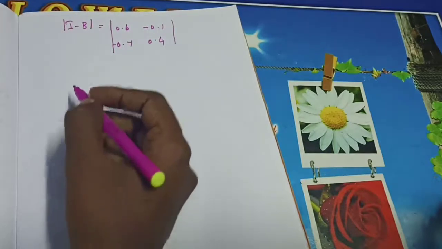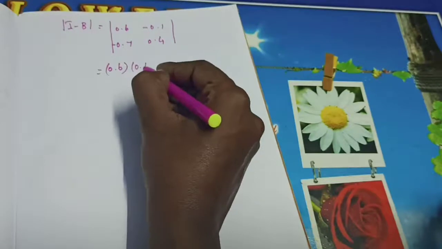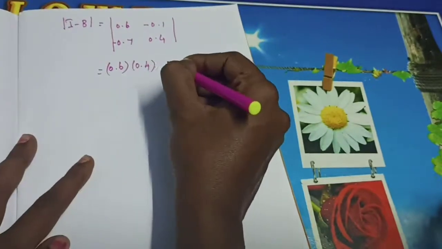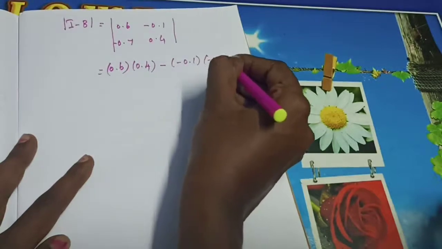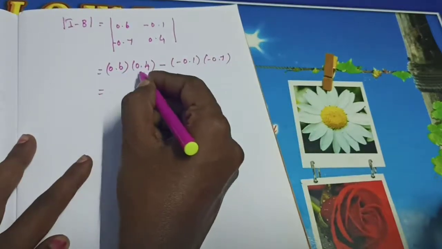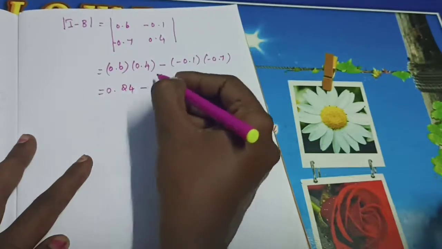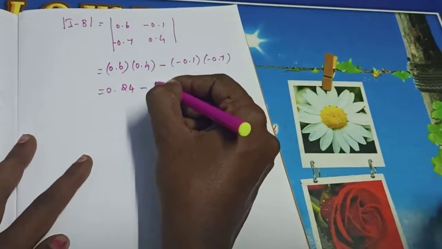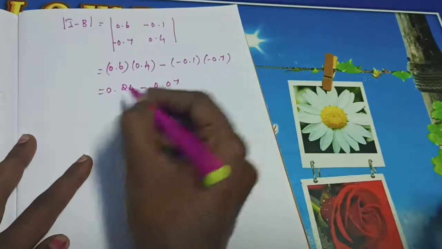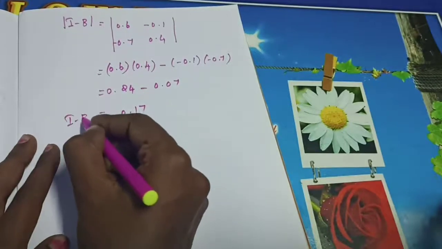That's equal to 0.6 into 0.4 minus, minus 0.1 into minus 0.7. Multiply carefully. If you multiply this, how much will you get? 0.24 minus 0.1 into 0.7, minus into minus is plus. So how much will you get? 0.07. So subtract it, 0.17.